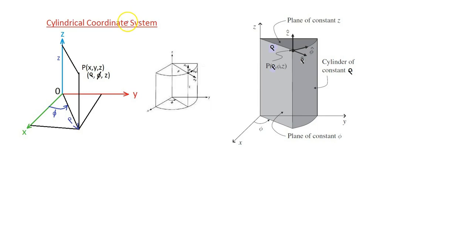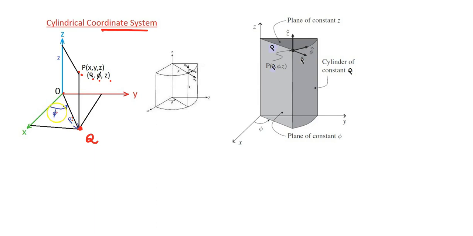Next we will move to the cylindrical coordinate system. In the cylindrical coordinate system, any point P is represented by rho, phi and z. What are rho, phi and z? First of all, from the point P in the Cartesian coordinate system, drop the foot of the perpendicular to the xy plane and join this point Q. This distance is your rho.